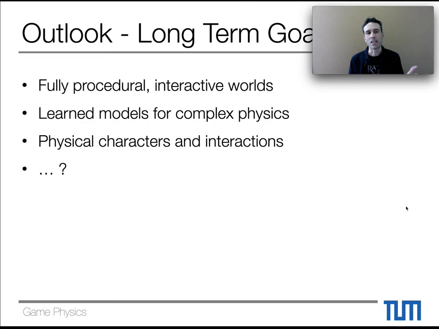And yeah, now looking ahead, I think one of the interesting potential directions for this is actually to leverage machine learning to deal with the complexity and essentially learn reduced models for the physical interactions.